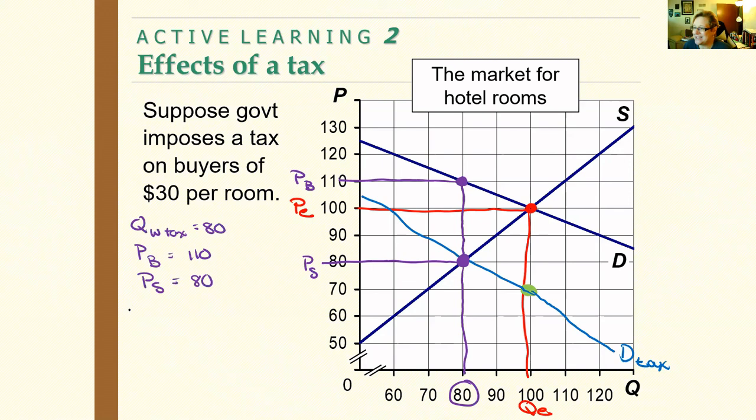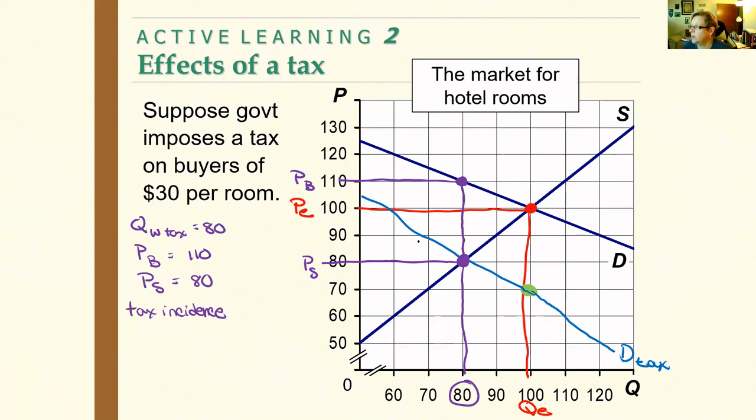The tax incidence is how is this $30 apportioned to buyers and how is this $30 apportioned to sellers? Meaning, how is it divided between the two?